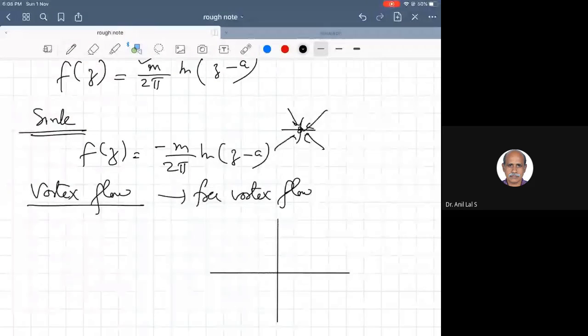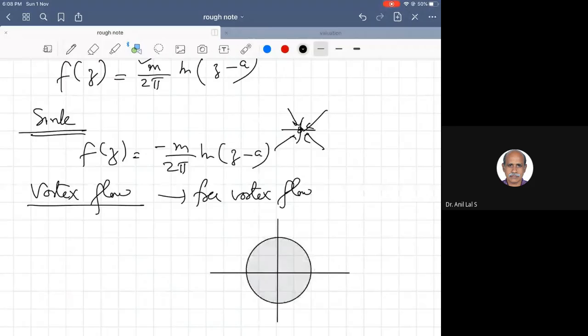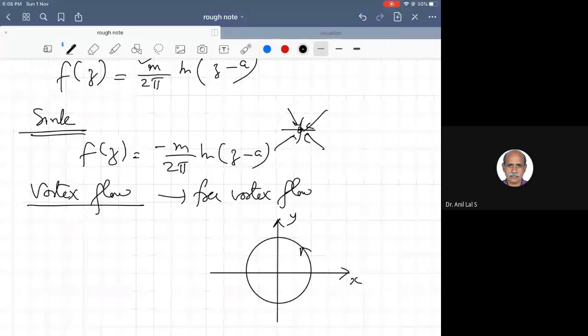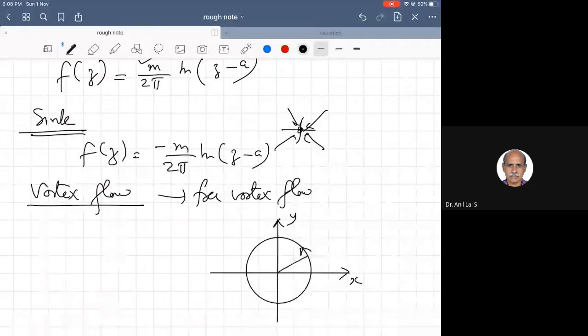If I draw a circle, the motion will be along a circle, at a particular radius r.